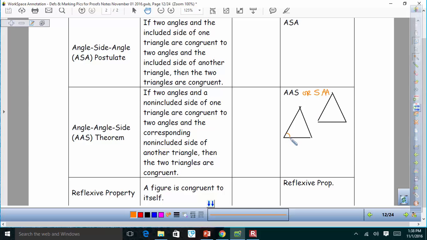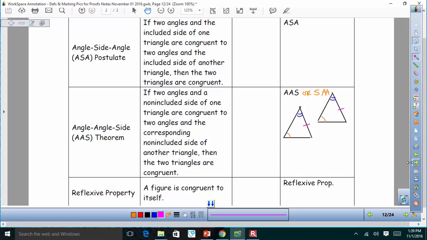So if we did that, we'd have an angle, and then an angle here, and an angle here. What would be the next side after that blue angle? The one on the right. So we could say angle, angle, side, or if you happen to start with the side, you could do side, angle, angle. Either one of those works. Just remember, you cannot skip a whole angle and a side together. You can skip a side, or you can skip an angle, but not a side and an angle.